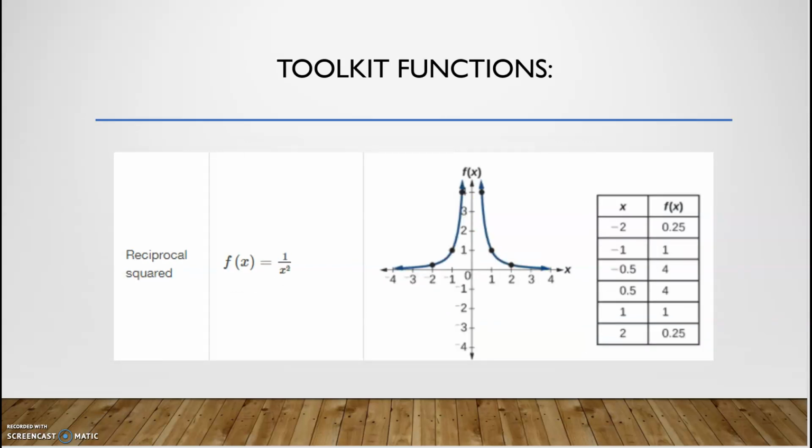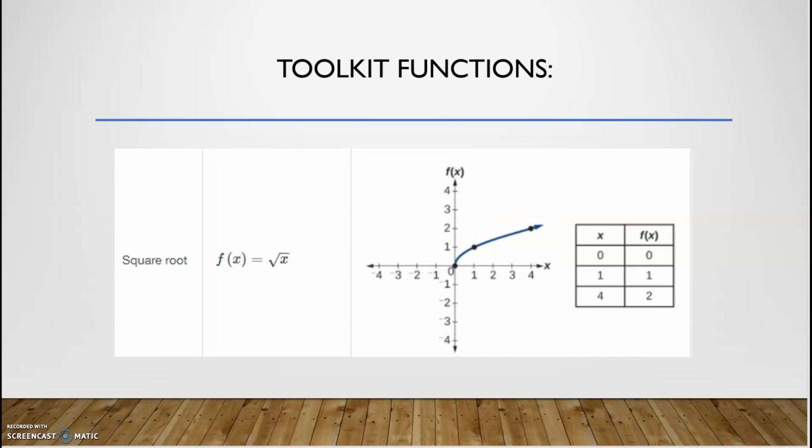Here we have 1 over x squared. We called it a reciprocal squared function. And this one is not on the negative portion of y, but it is on the negative and positive portion of x. Okay, here we have a square root function. It starts at 0, and then it goes towards the positive x direction.